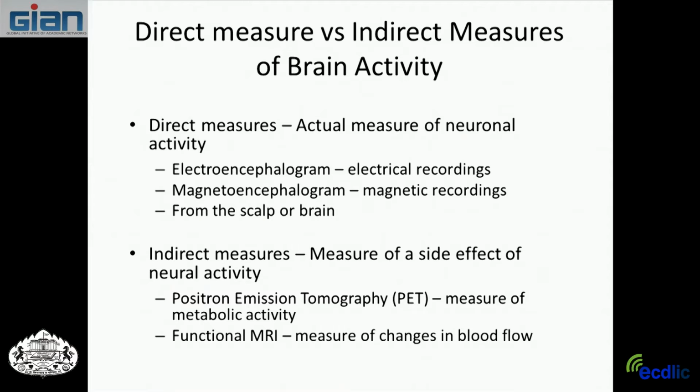And we talked about functional MRI, how this is actually a measure of changes in blood flow activity and oxygenation levels that are distributed locally within the brain.